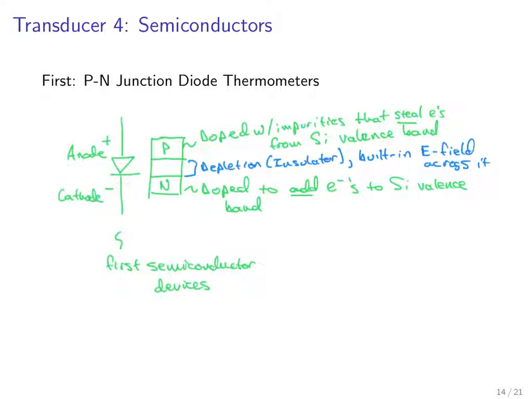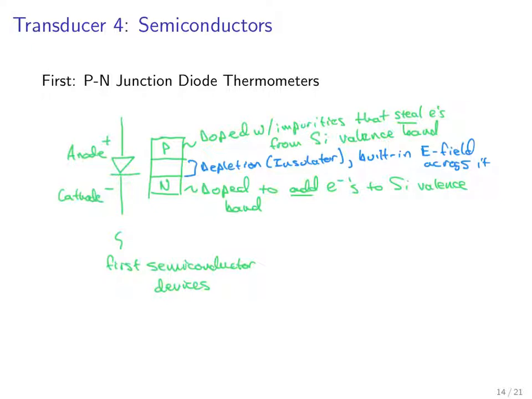So the reason why a diode acts like a voltage-controlled switch is that you have to apply a voltage across it that cancels the electric field in the depletion region, such that you can start to get charge carriers that will cross it.